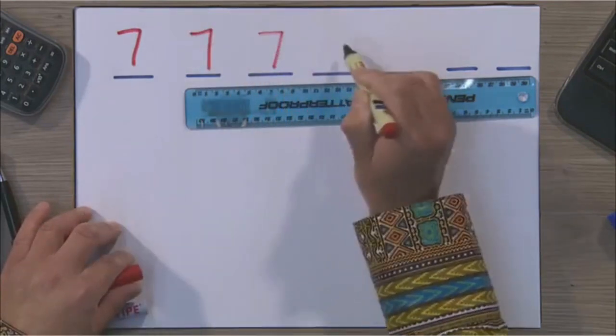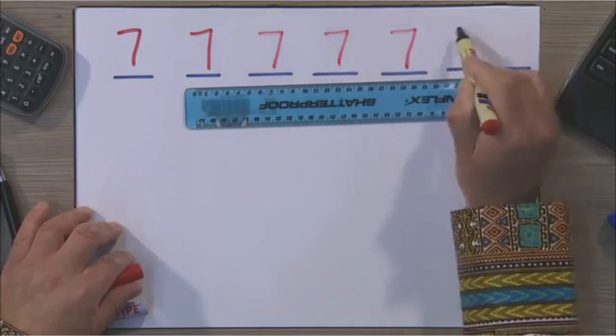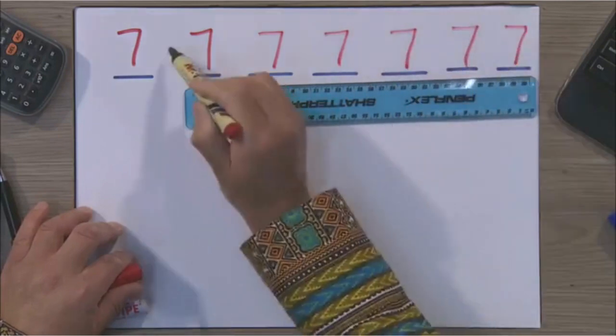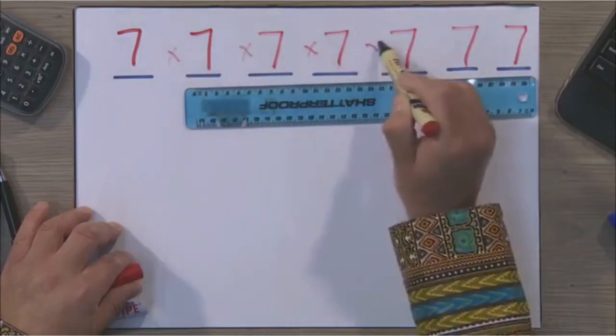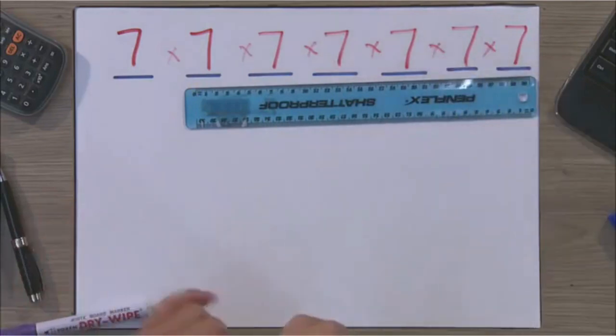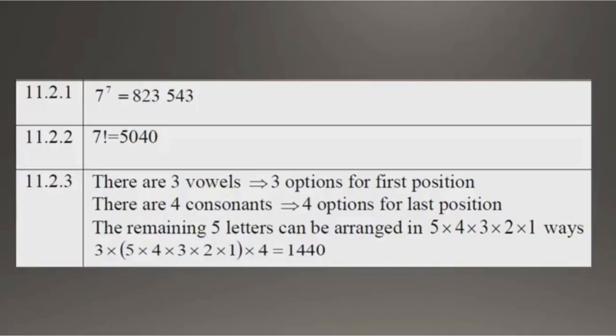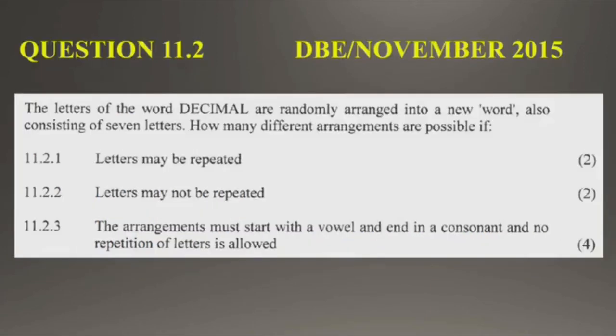Next one, 7, and so on for all seven places. We multiply all of these, and the answer is simply 7 to the power 7. The calculator will tell us that it's 823,543 ways.